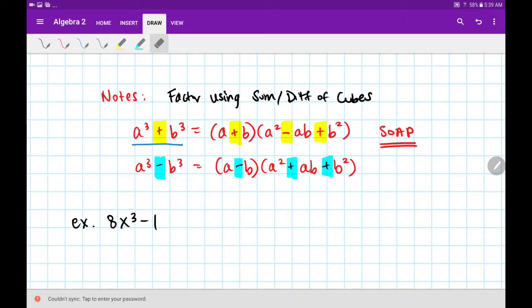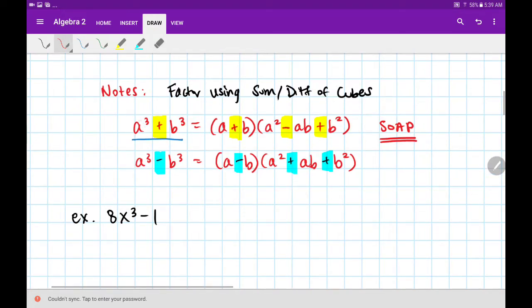Next, let's talk about the actual letters themselves. Once we figure out what our A is and our B, we just write each of them here once, and then we'll square the first term, and in the end we'll square the last term, and our middle term is just multiplying them together.